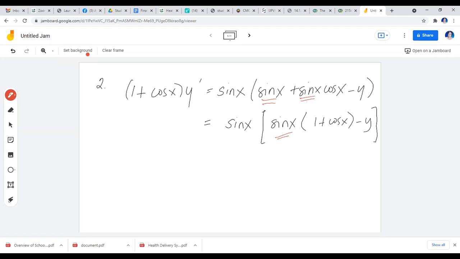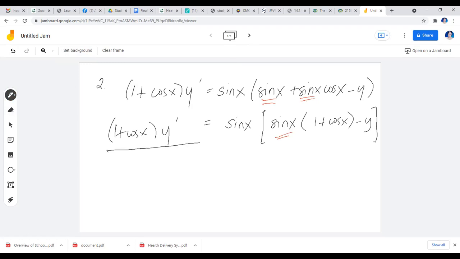It's to be multiplied by 1 for this one, and cosine of x for this one, and you have the y. Okay, now let me go back to what is written here on the left side. So I have 1 plus the cosine of x times y prime. Now, as I said, we need to isolate the y prime here.